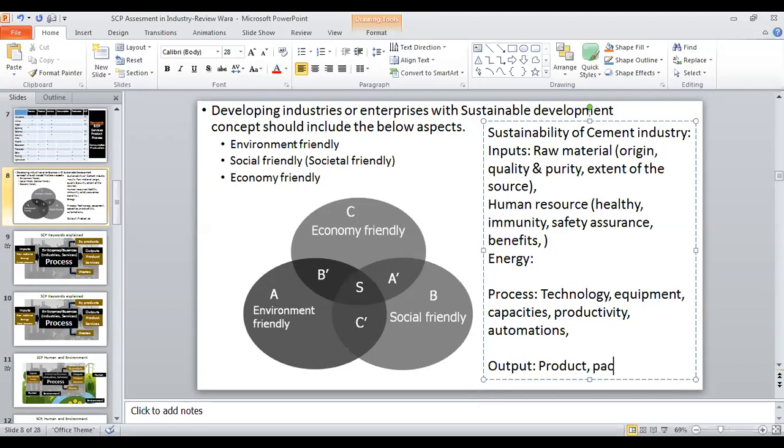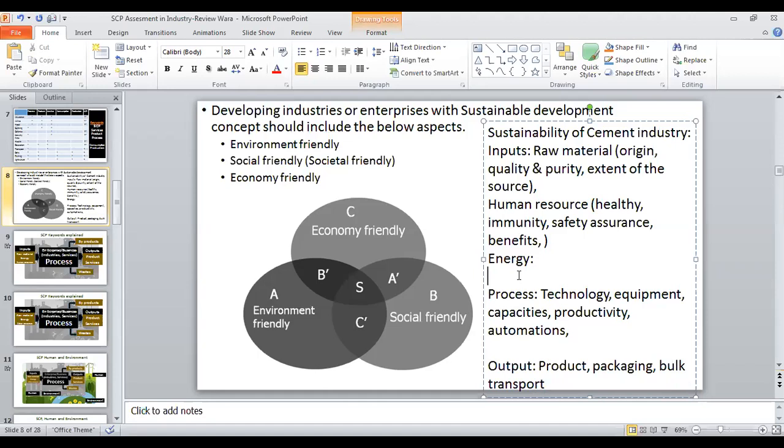So your packaging or bulk transport, leakages to the environment, leakages or emissions, waste. Waste, packages, bulk transport and output. You have to look into this.